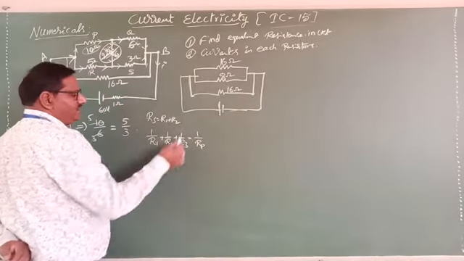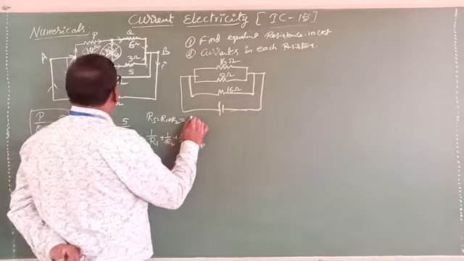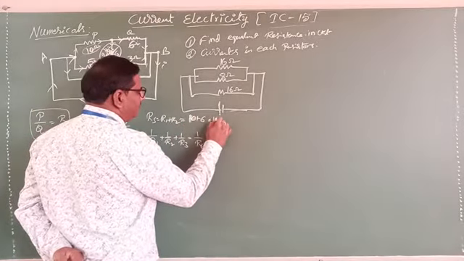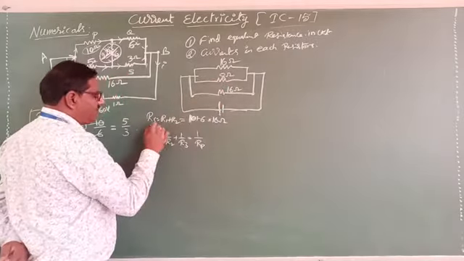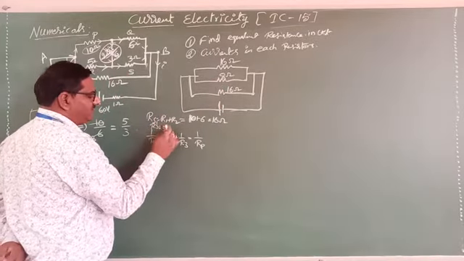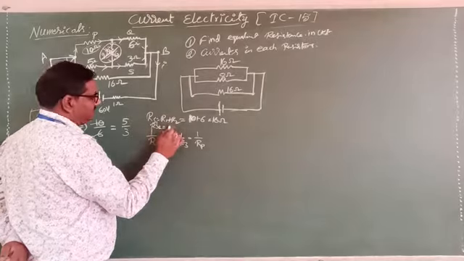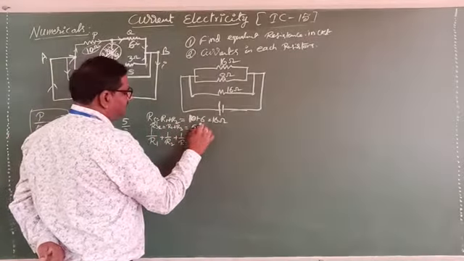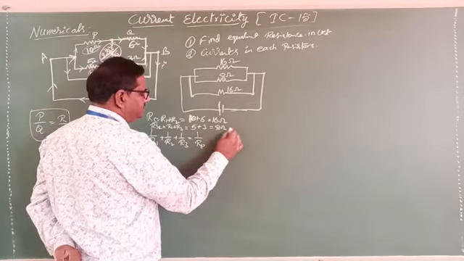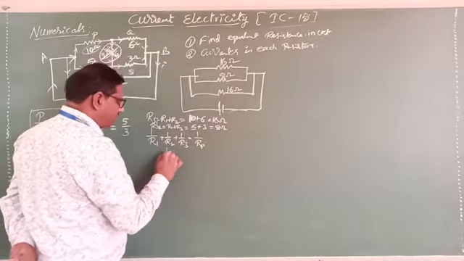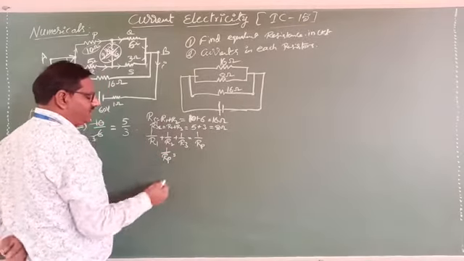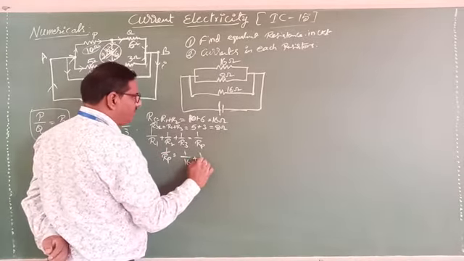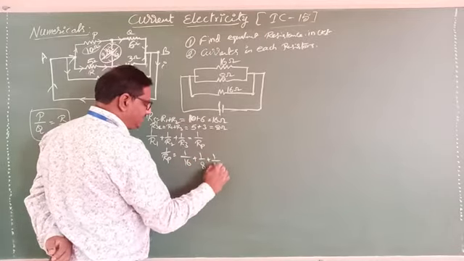Clear na? In the first case, what did you write? 10 plus 6. This is 16 ohm. In the second case, what did you write? RS2 is R2 plus R3, so simply write like this. So 5 plus 3, that is 8 ohms. Now, the effective resistance: 1 by Rp equals what can you write? 1 by the first resistance 16, plus 1 by 8, plus 1 by 16.